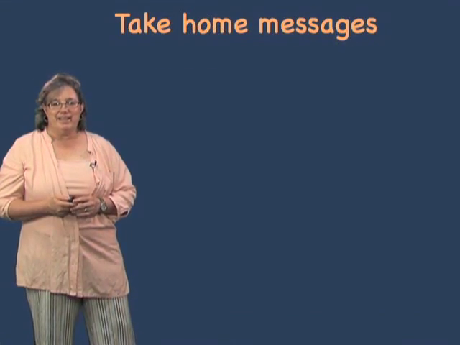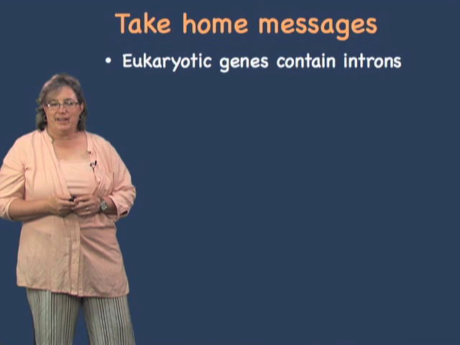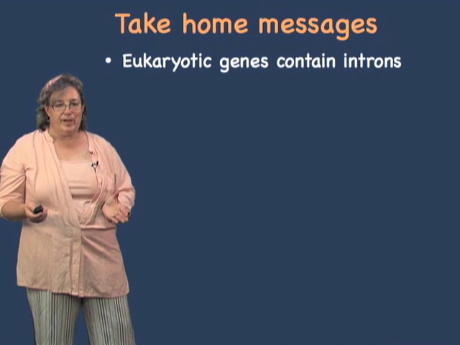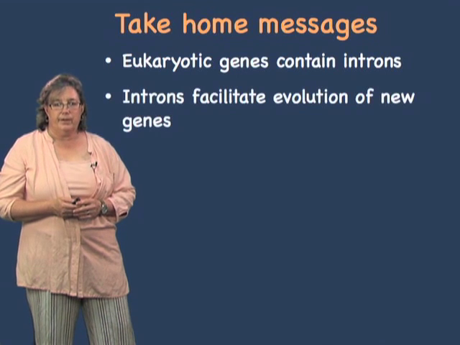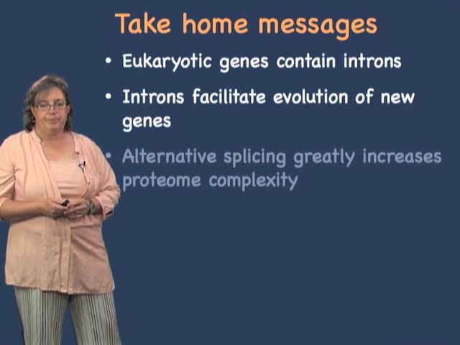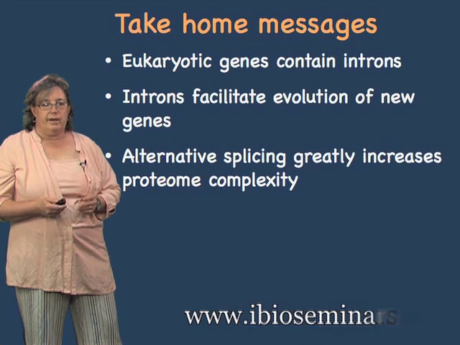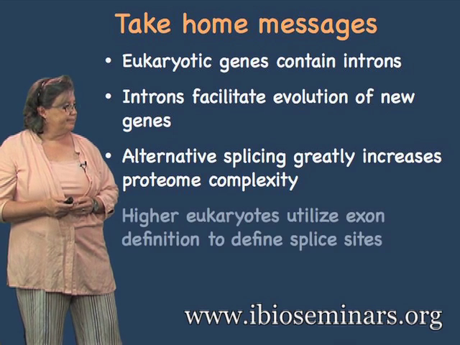So finally, I'd like to leave you with my take-home messages. The first is that eukaryotic genes contain introns. Not every eukaryotic gene contains an intron, but certainly in humans, the vast majority contain introns. These introns facilitate the evolution of new genes, and by allowing for alternative splicing, they allow us to greatly increase our proteome complexity.